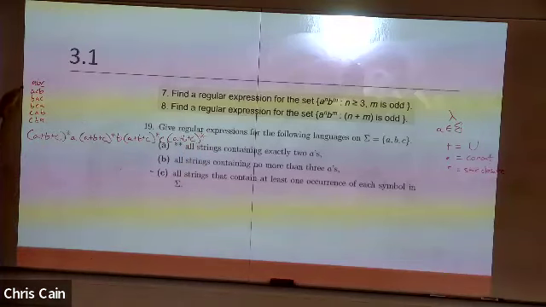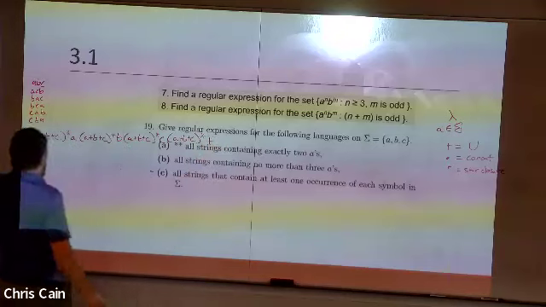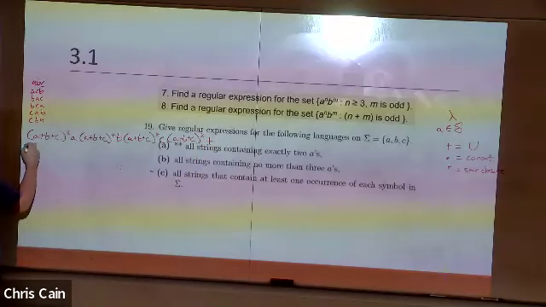And that's just one of the possible combinations. So we need to union it with continuing this process.